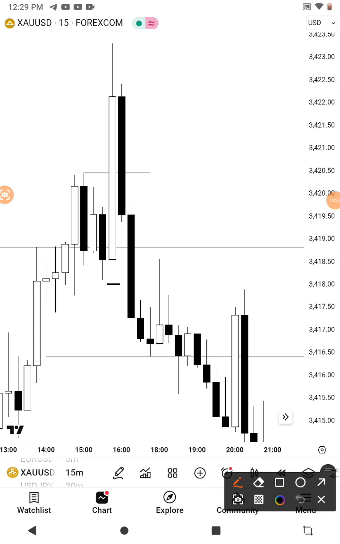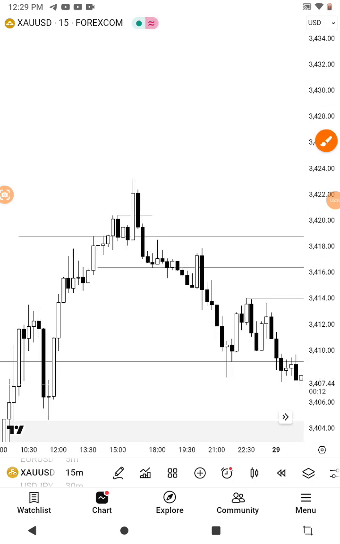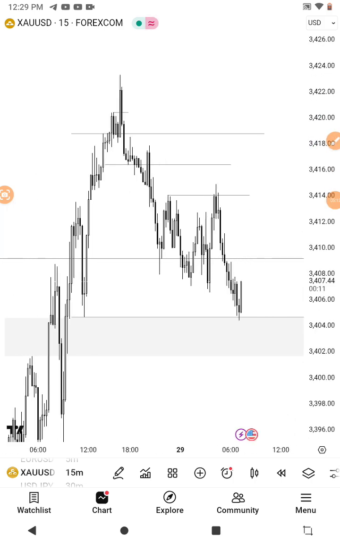Market shifts structure here, right? Now this is our model one, order block. So this is where we take our entry, we set our limit here, and also stop loss above, driving it down to our CRT.